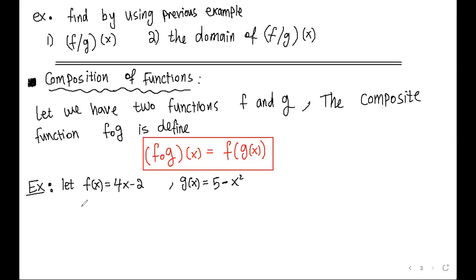Now the question is, find f circle g of x. And the second thing, find g circle f of x. We'll do the first one.